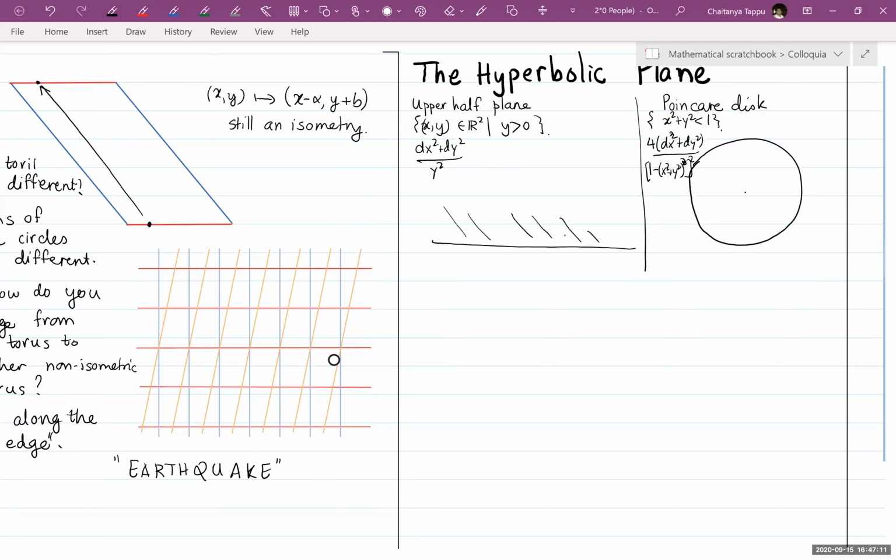So the analog for straight lines in Euclidean geometry are these sorts of circles that are orthogonal to the boundary.